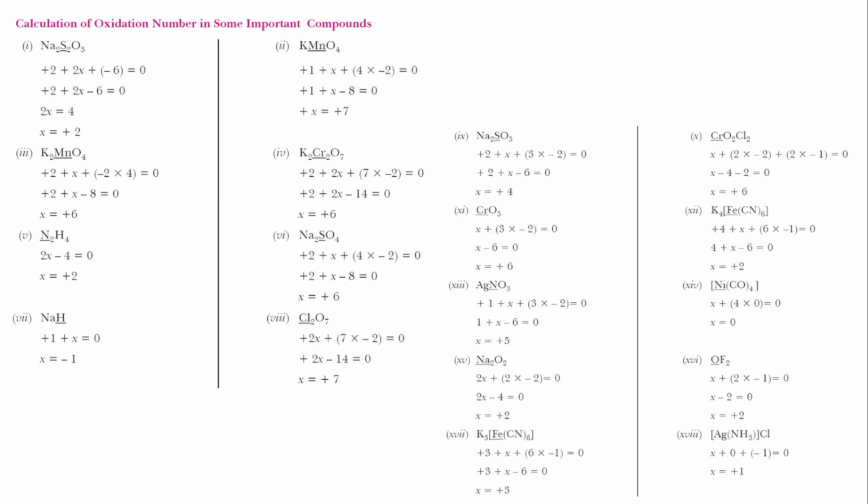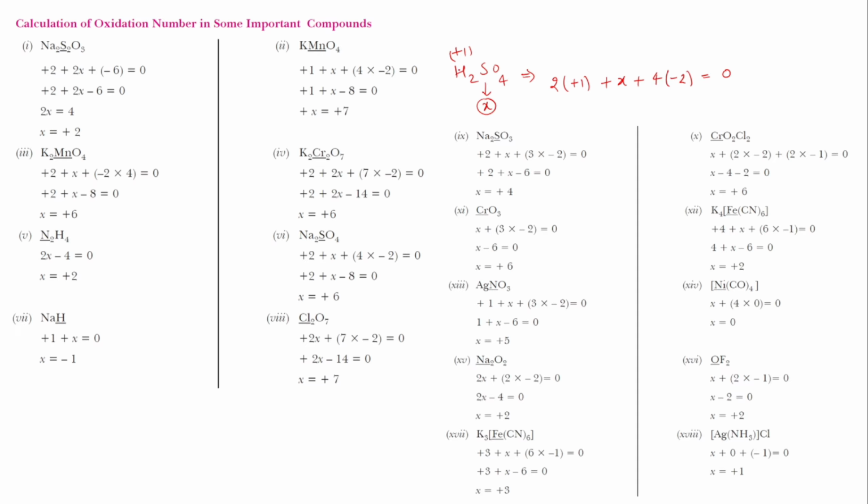These are questions from NCERT only. If I take the very first, simple example, H2SO4, hydrogen is always +1, so I'm writing 2 into +1 as the contribution of hydrogen, plus, for sulfur, I assume X because I have to calculate it, plus 4 times oxygen, and oxygen contributes -2.